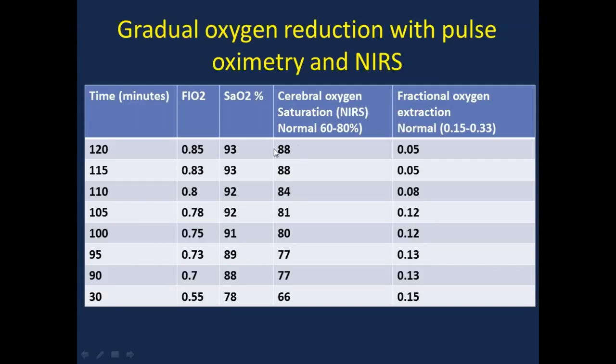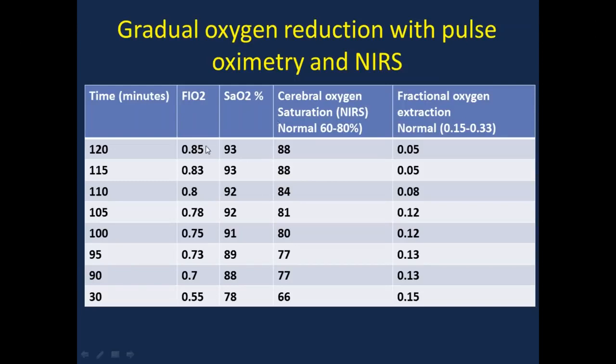What does that mean? The brain was exposed to hyperoxia. Anything above 85% is considered hyperoxia. The brain is getting more oxygen than needed. And then the calculated oxygen extraction fraction was low. Hyperoxia can cause vasoconstriction and decrease oxygen extraction of the brain, which is dangerous.